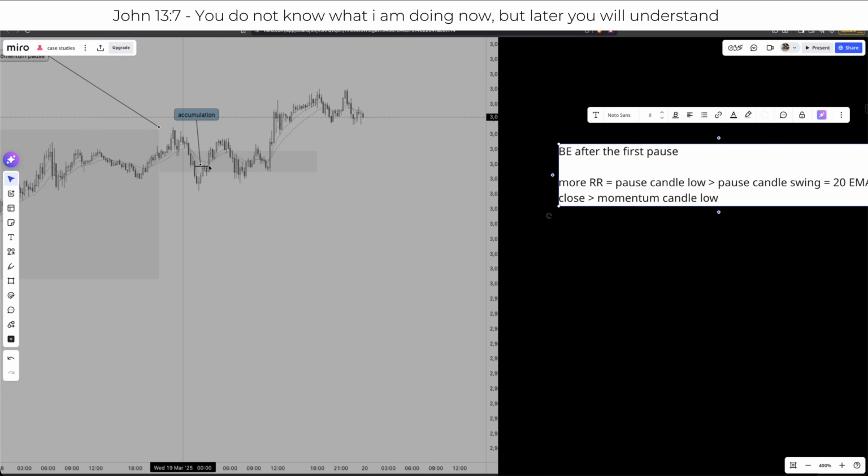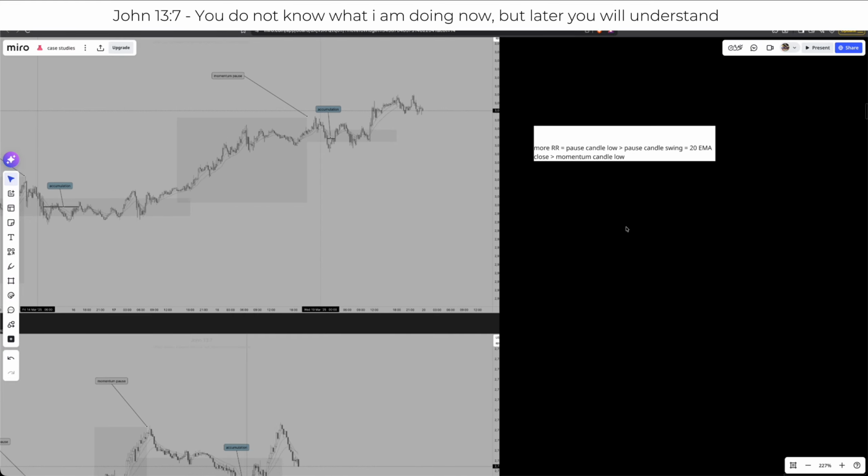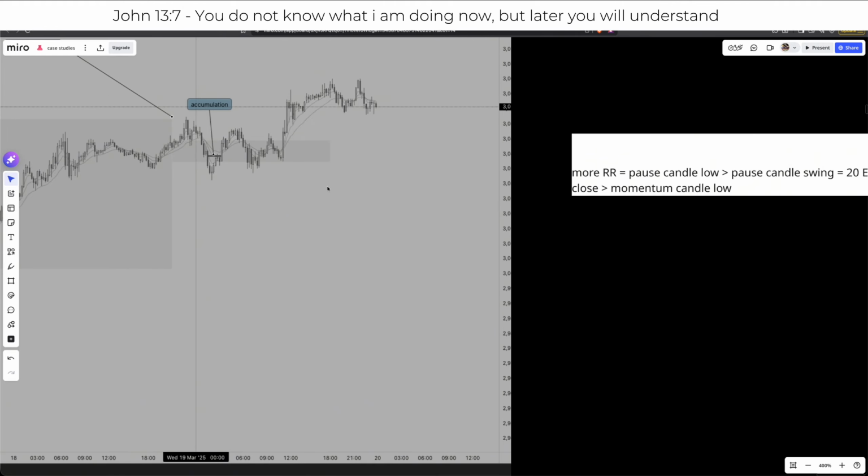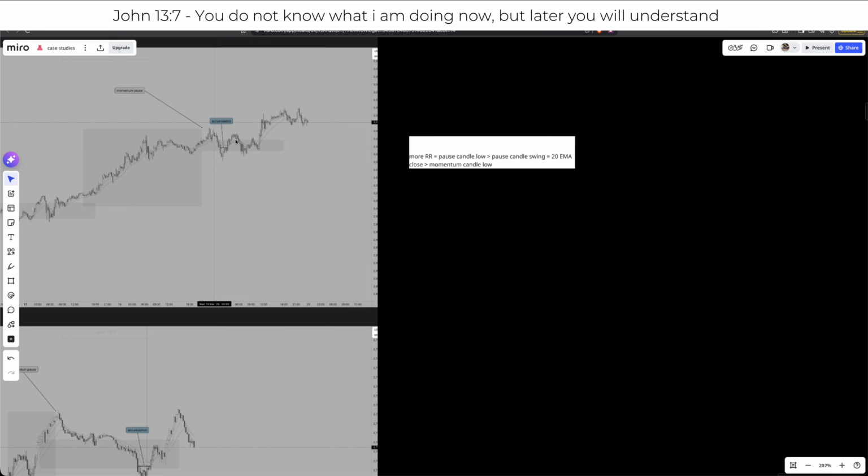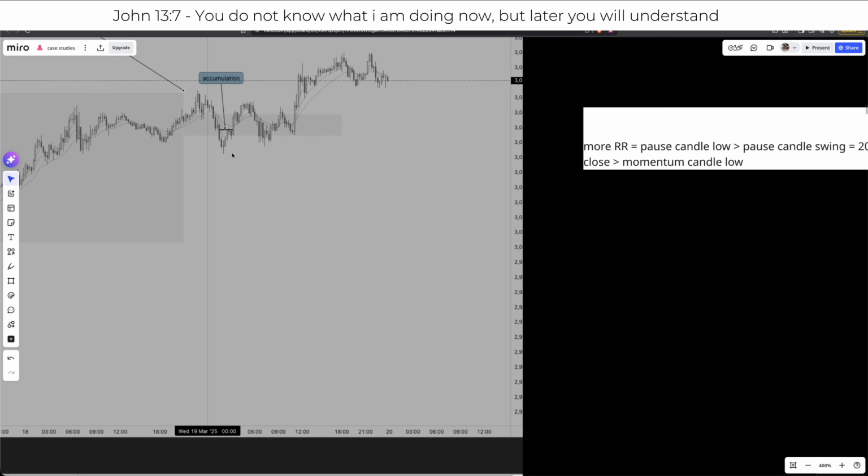I keep thinking that I'm entering down here. Enter off this wick. Do I get break even? I don't really get a break even, so this would be a -1. So this would just be a stop loss, right? If this is a stop loss, there's no point, because if I'm entering here, I can't go break even yet.